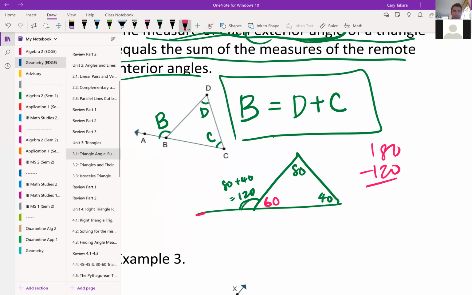But then if you have a straight line, 60 plus what is going to be 180, right? This is a straight line. It's a linear pair. So what's the rest? It has to be 120, right? In other words, this angle plus this angle, if you add them together, it's going to be the same thing as that angle right there. Does that make sense?